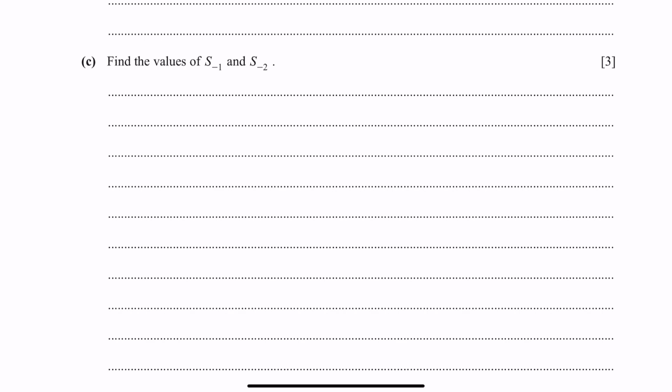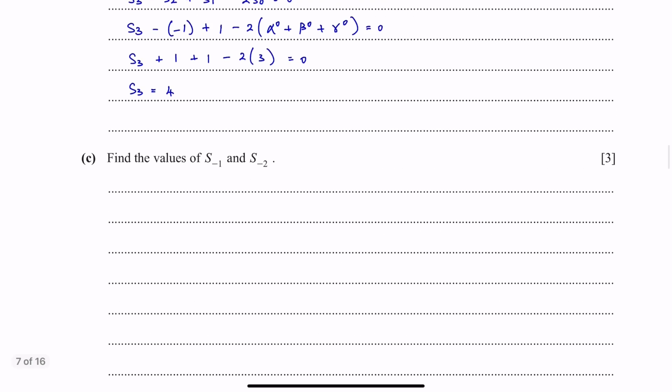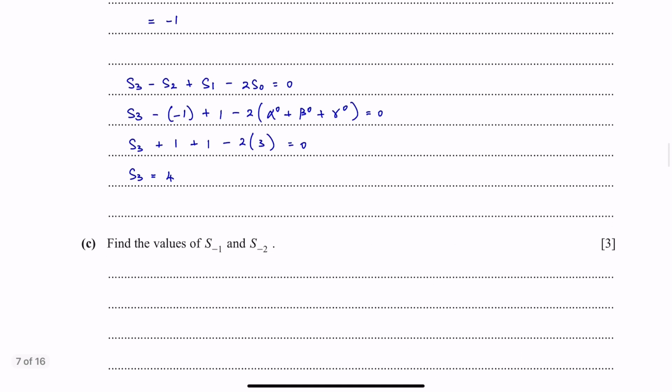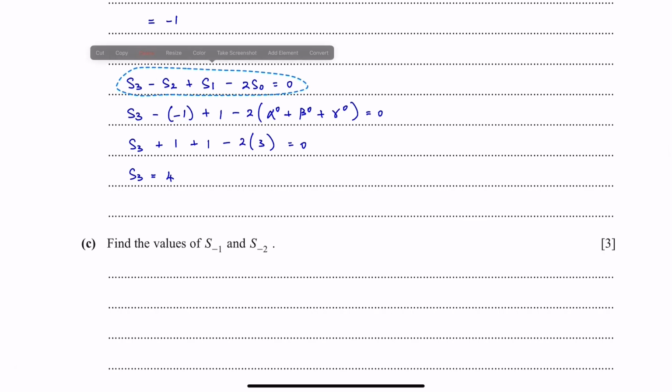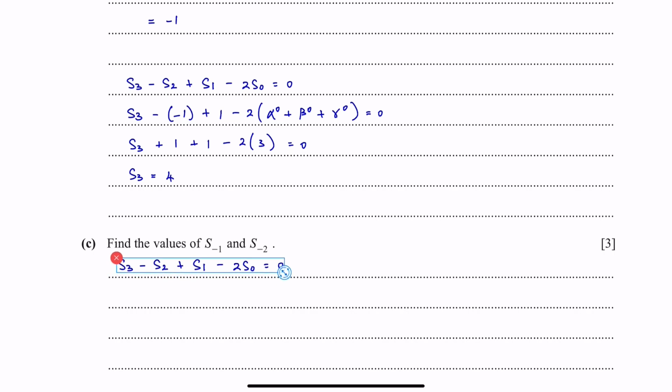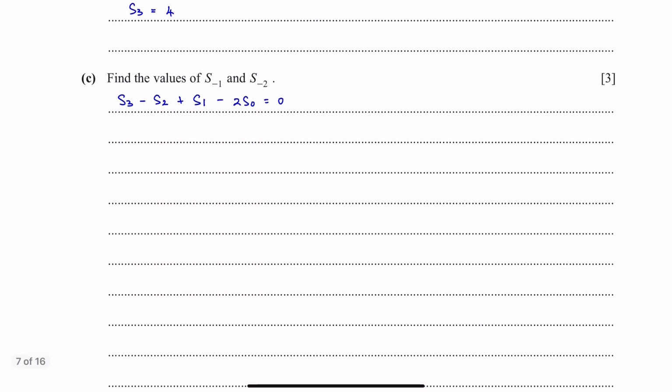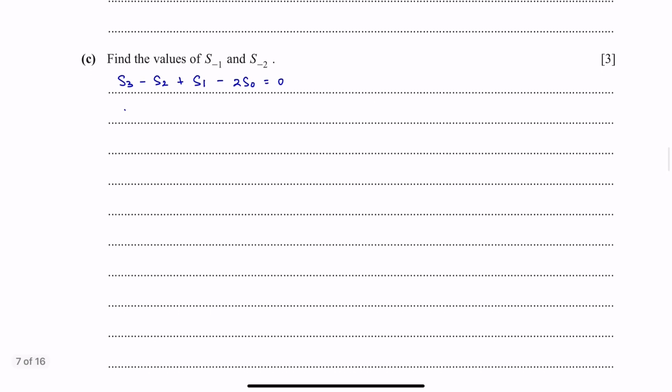For part C, we will need to find the values of S negative 1 and S negative 2. So for an equation in this form, we can actually step up like this. So let's step up by 1. So we can actually write it as S4 minus S3 plus S1 minus 2S2.